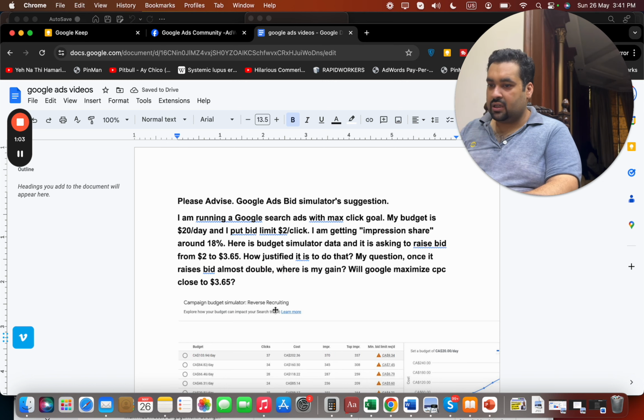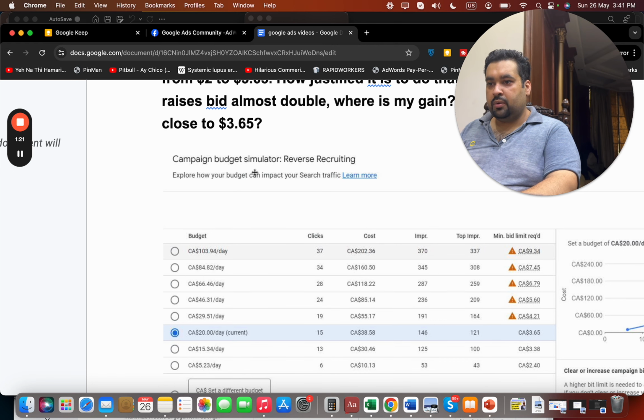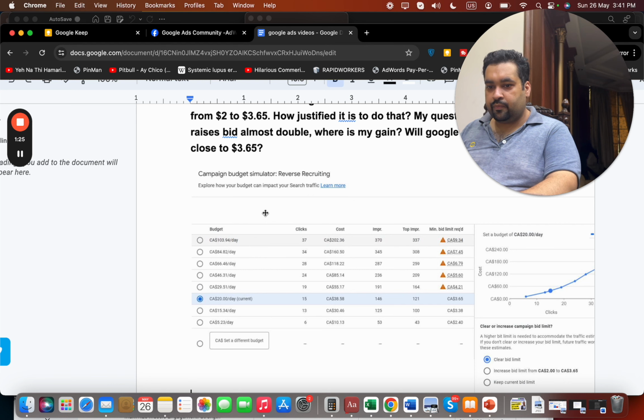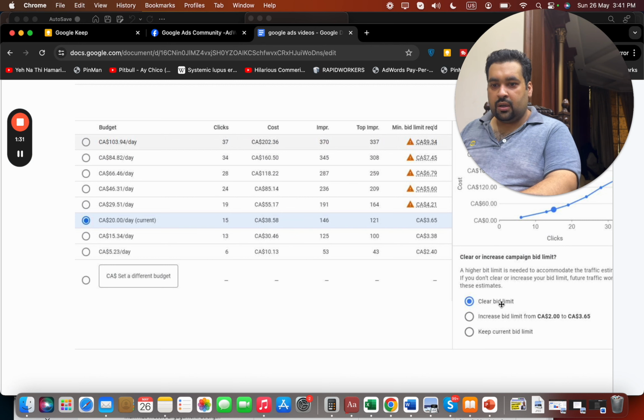This is your current bid limit, $2, and the minimum bid limit required is $3.65. So in the campaign budget simulator, they are also saying to increase the bid limit from $2 to $3.65, or keep the current bid limit.